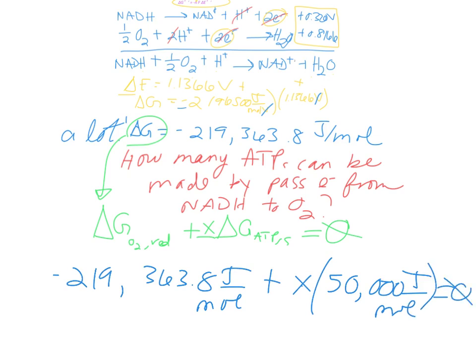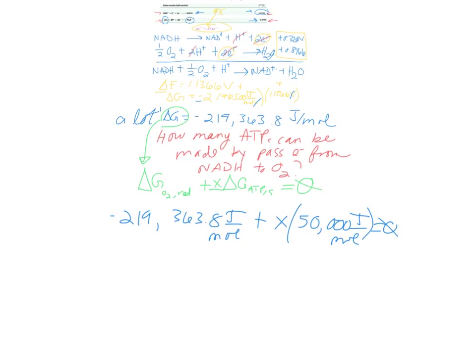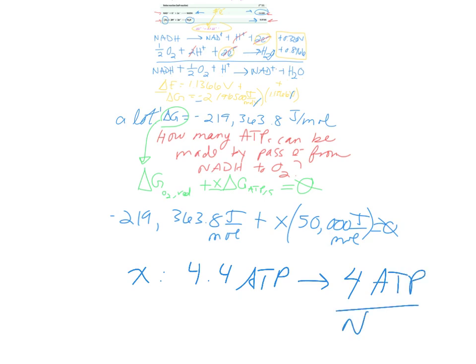Set that equal to 0, do your math, and you get something like 4.4. You can't have 0.4 of an ATP, so you need to round down because we cannot create mass here. So that's about 4 ATP per NADH.